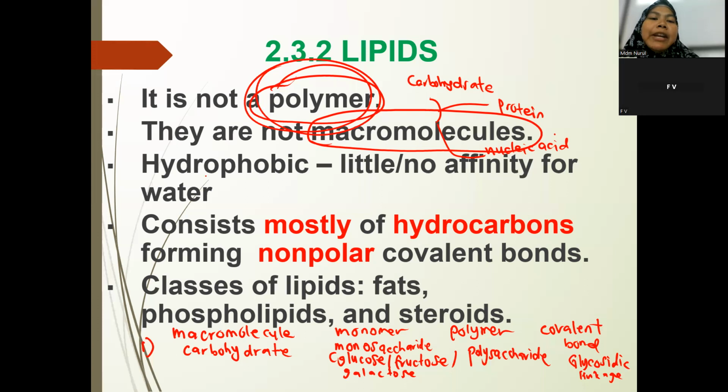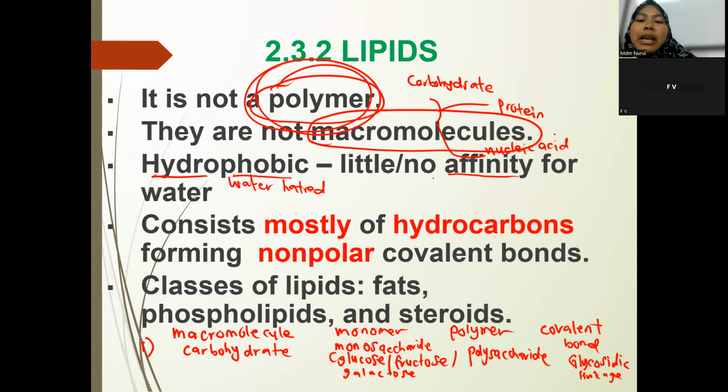Lipids are hydrophobic. Hydro means water, phobic means phobia, does not like, or water hatred. They don't like water. So the property of fat is that they have no affinity towards water. What does affinity mean? Affinity means tendency.